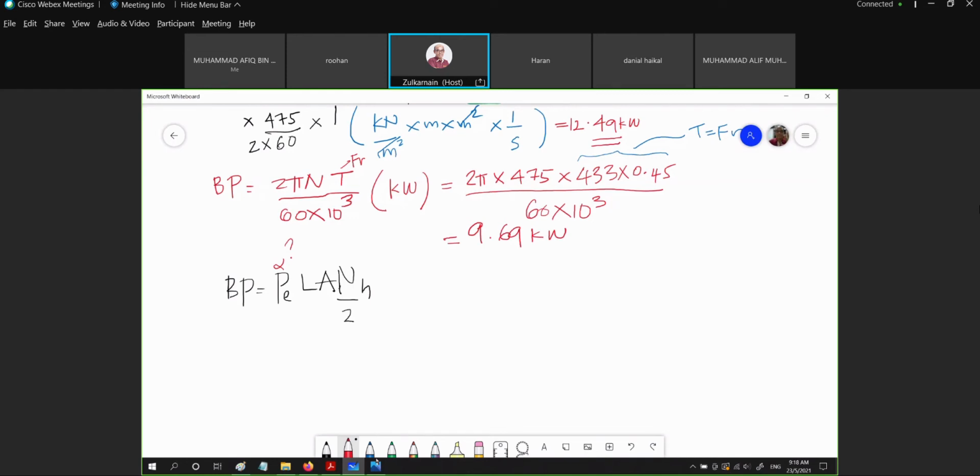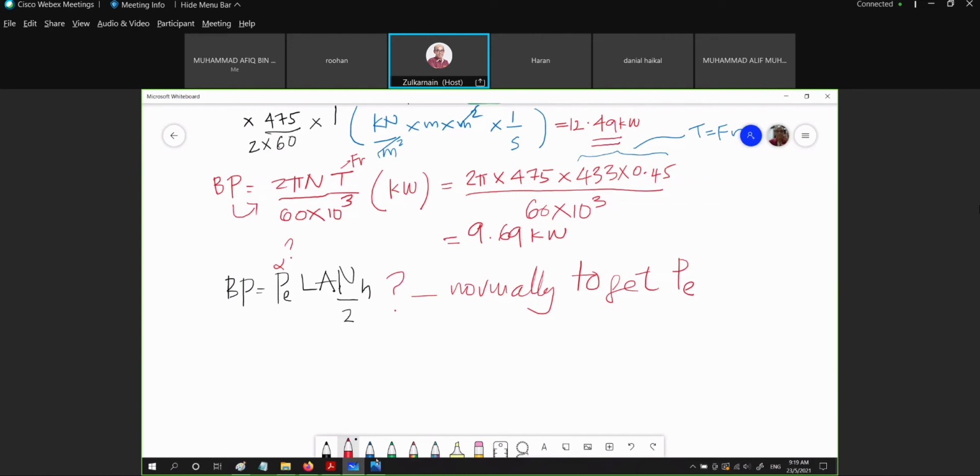And usually the BP is always from this formula, 2 pi NT.